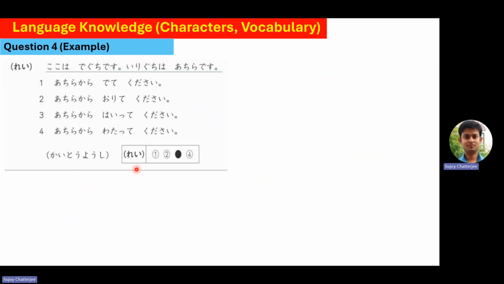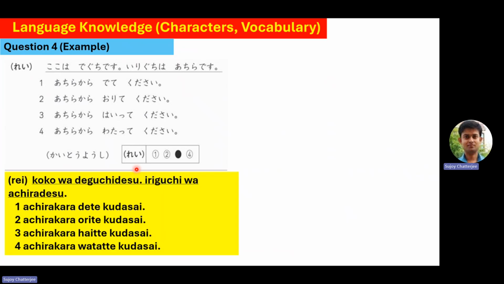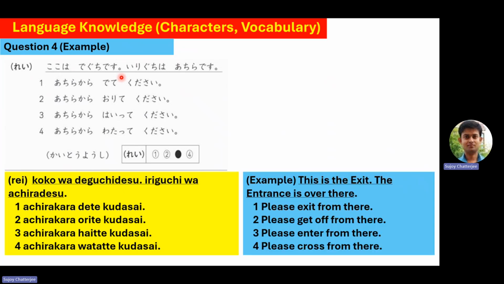So now let's look at the example. Rei is example. Koko wa deguchi desu. Iriguchi wa achira desu. So what does that mean? Koko wa deguchi desu. Deguchi means exit. This is the exit. Iriguchi wa achira desu.